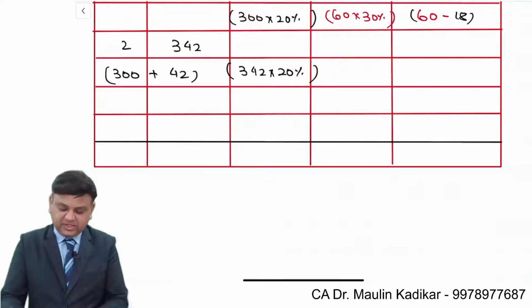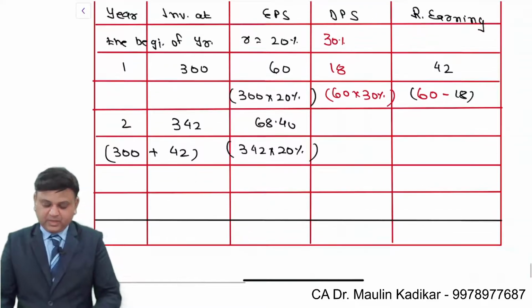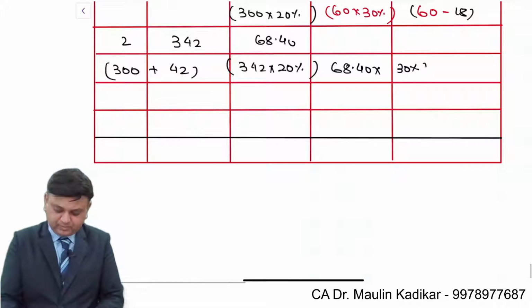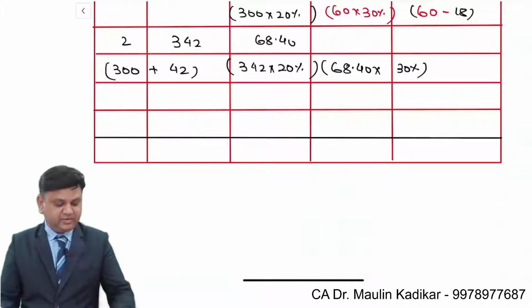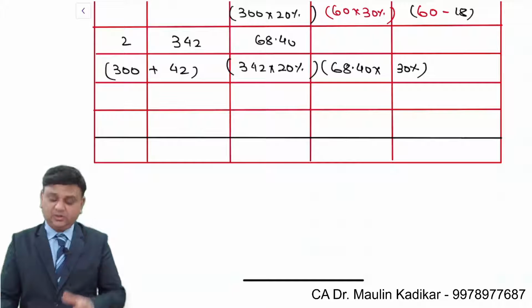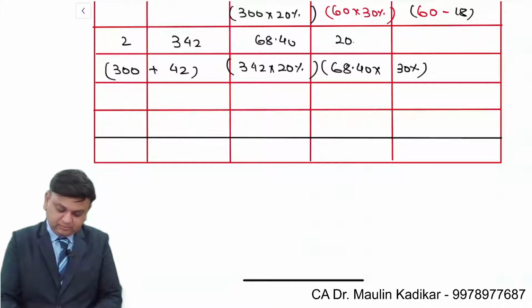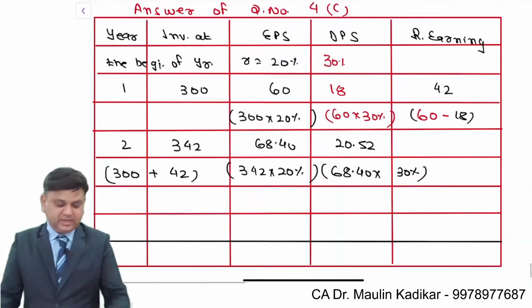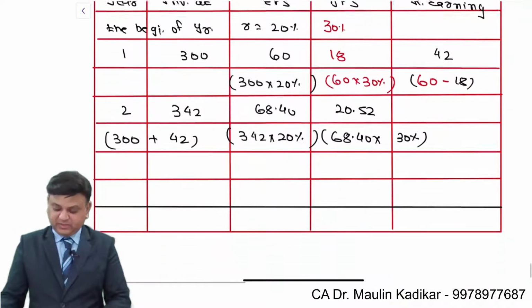That comes to 68.4. Now 68.4 into 30%. That is what we understand is the dividend payment, 20 rupees 52 paise. Remaining would be reinvested in the business, 47.88.